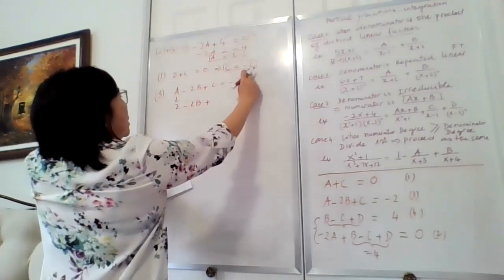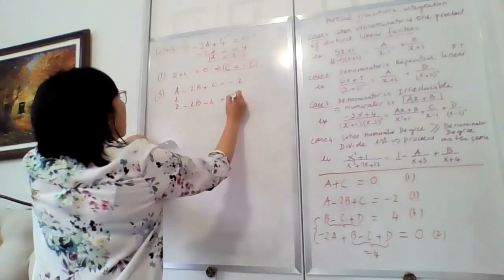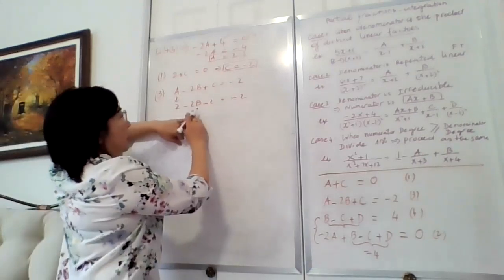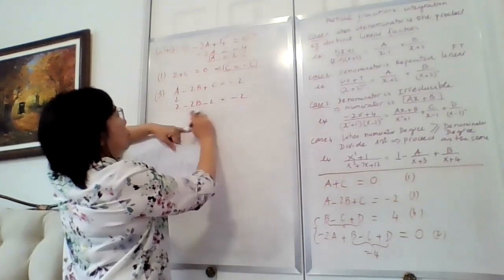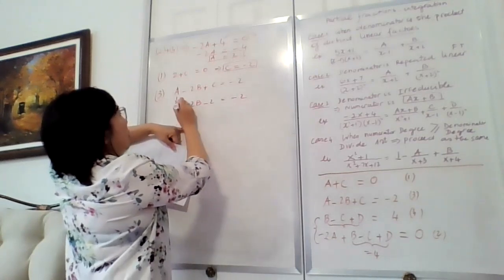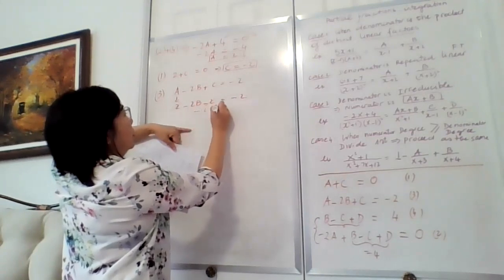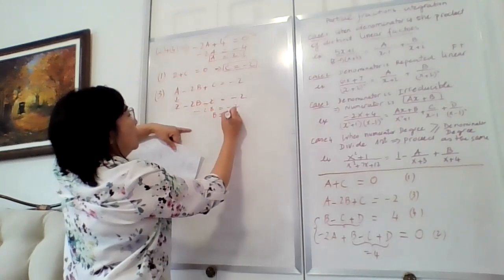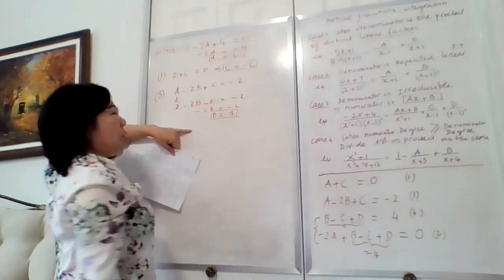Plus c, our c is minus 2, so this will become minus 2. Equal to minus 2, right? Follow the expression. Now we solve for b. So 2 minus 2 is actually gone, right? So we have minus 2b equal to minus 2. So divide both sides by minus 2, we get b equals 1. So now we know b equals 1.